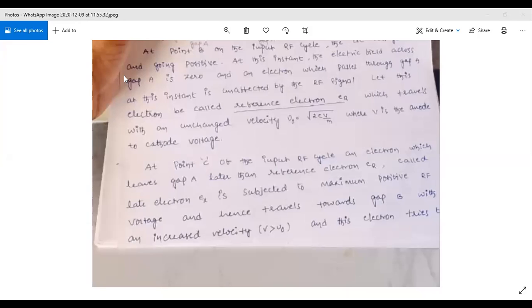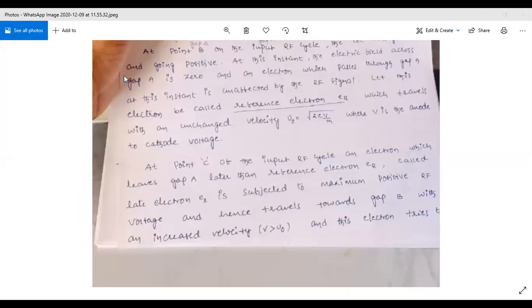So look at the applied diagram. Here the electron velocity changes: V greater than V0, V equal to V0, V less than V0. So the velocity of the electron beam varies according to this RF signal, and that process is known as the velocity modulation process. That is a very important definition. Remember that.